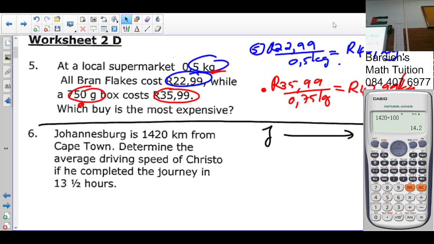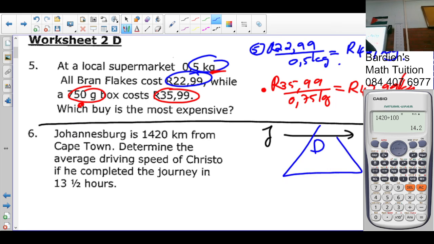Determine the average driving speed of Christo if he completes the journey in 13 and a half hours. So, distance, speed, time. They want to know the average driving speed.